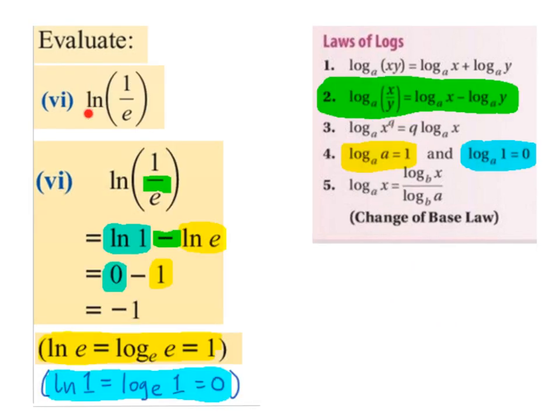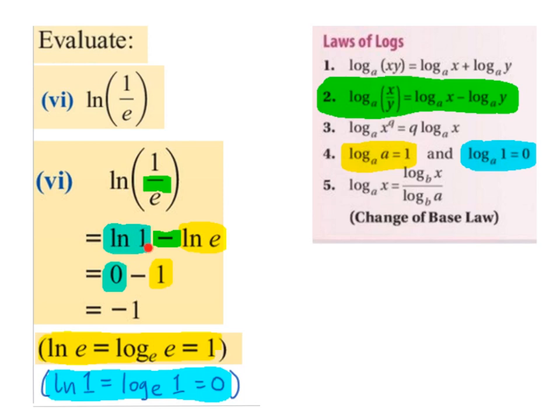Evaluate the natural log of 1 over e, or 1 divided by e. So we're going to use law 2, which states that divide becomes minus. So the natural log of 1 divided by e can be rewritten as the natural log of 1, so the numerator, minus the natural log of e, the denominator.